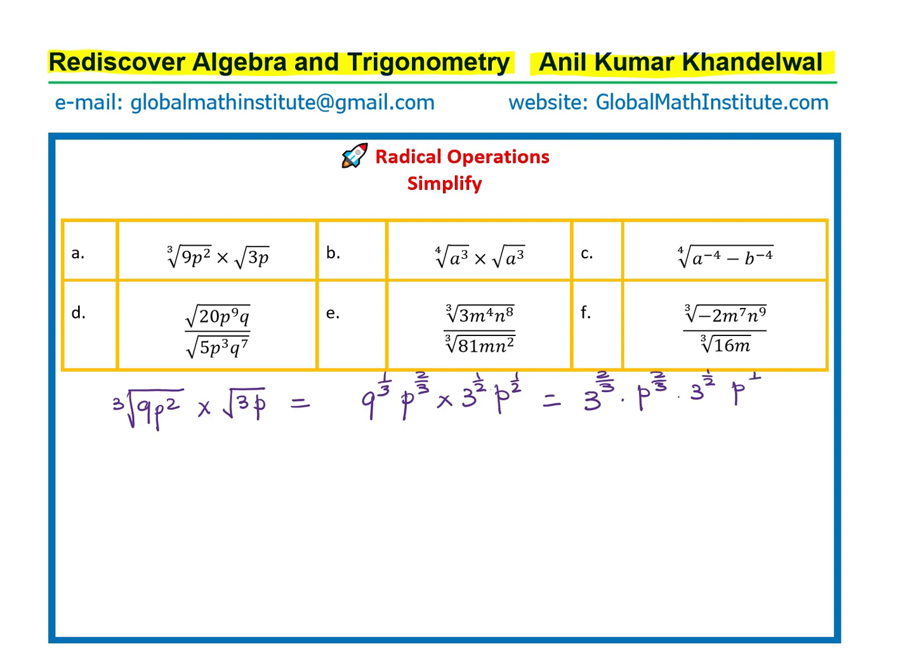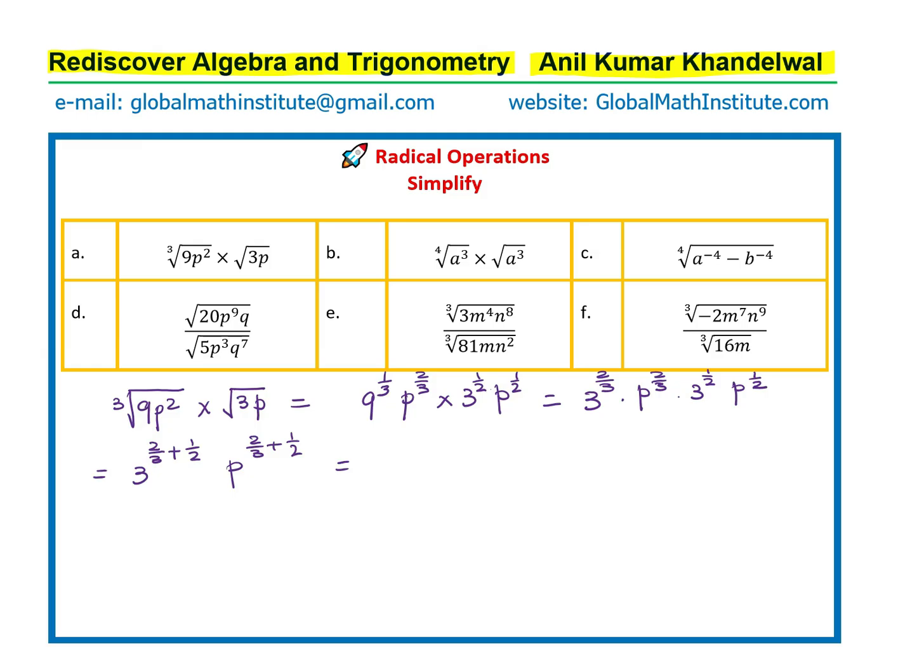Instead of times, we use this dot at the center, if you notice. So now we can combine the terms: 3 to the power of 2 over 3 plus half, and we have p to the power of 2 over 3 plus half, same thing.